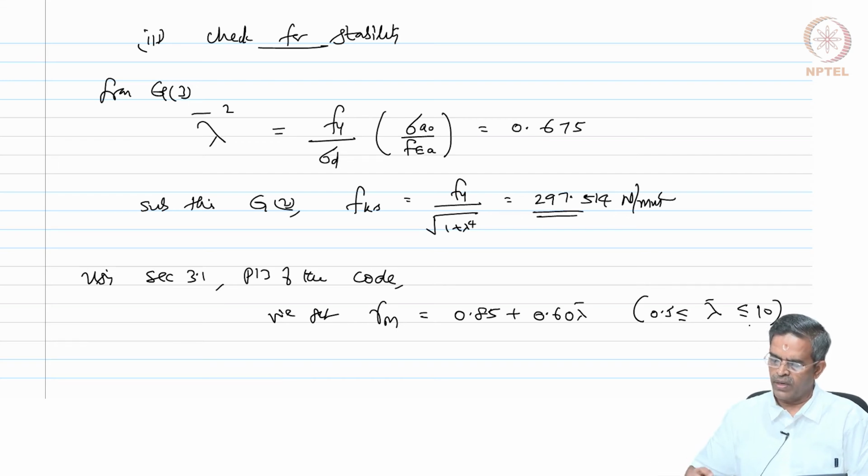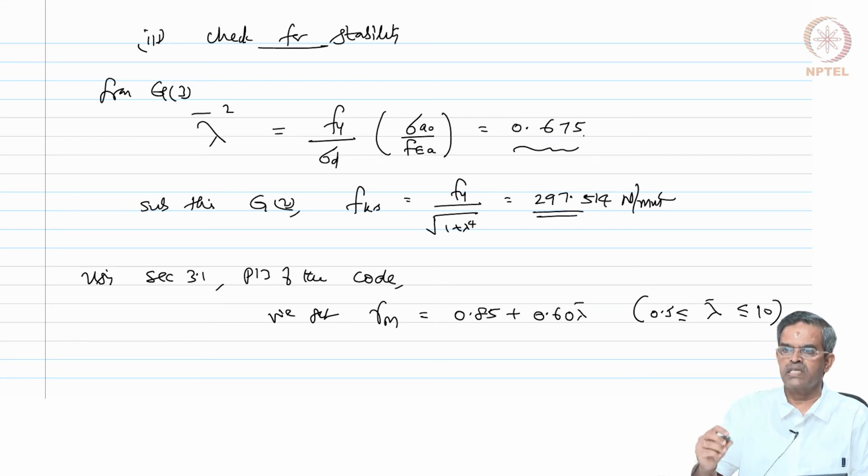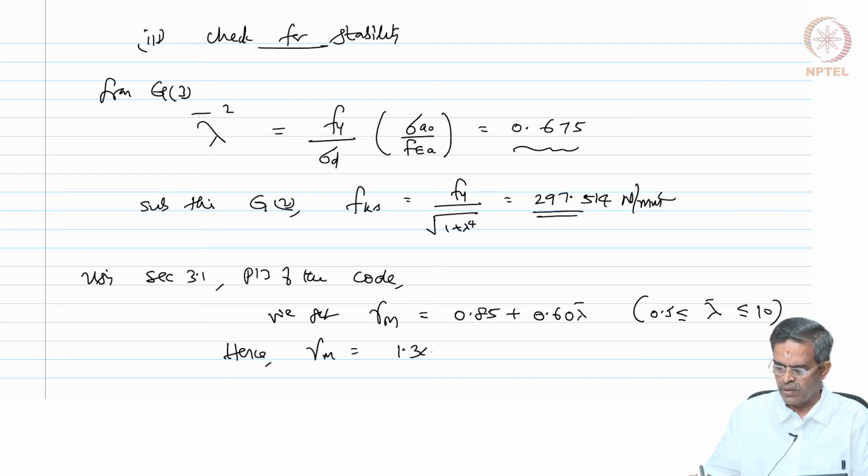Our lambda bar is 0.675. Therefore, we get gamma m as 1.343.